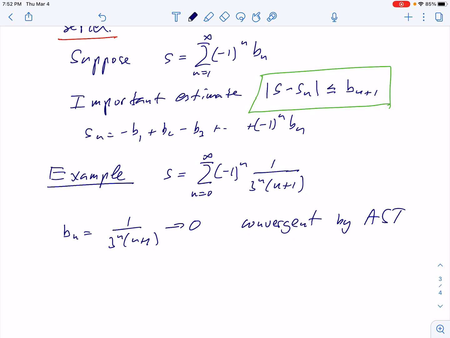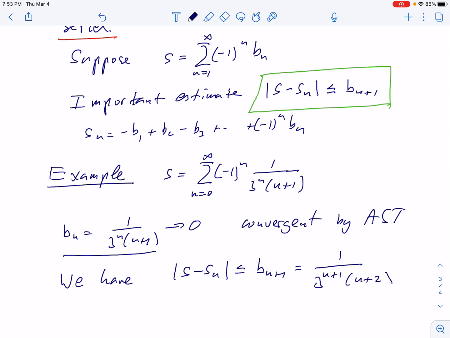And we have this estimate: S minus S sub n is less than or equal to b sub n plus 1. Now we have to write what b sub n plus 1 is. Look, here is b sub n. In the place of n we have to put n plus 1. So this will be 1 over 3 to the power n plus 1 times n plus 2.